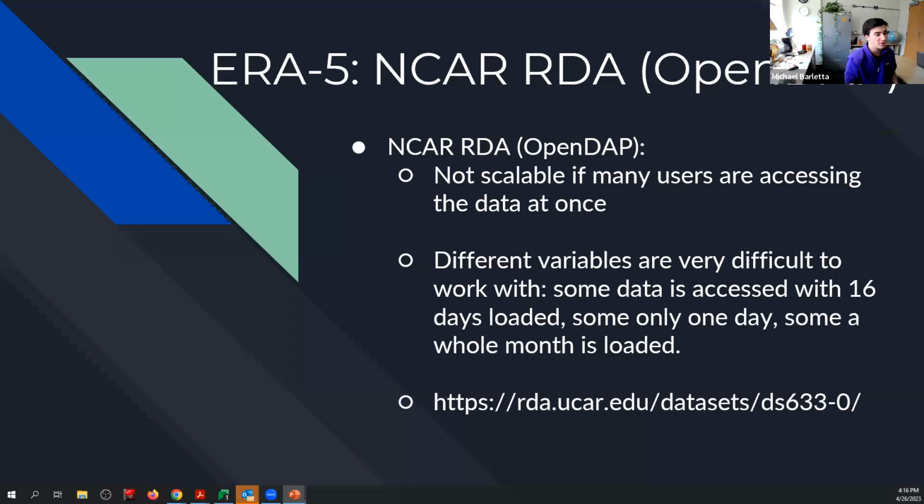Depending on the variable you're selecting, some data is accessed with 16 days loaded, some you could only grab 1 day at a time, and some you could grab 1 month at a time. So when you're just using one specific variable, it's not too difficult to work with, but when you're bringing this to an interactive environment and letting users select what variables they want interactively and what dates they want, it becomes a bit more of a challenge to make that work.